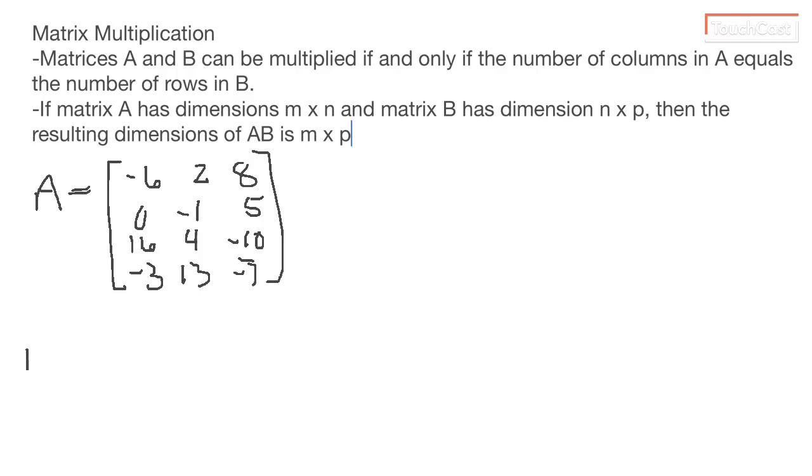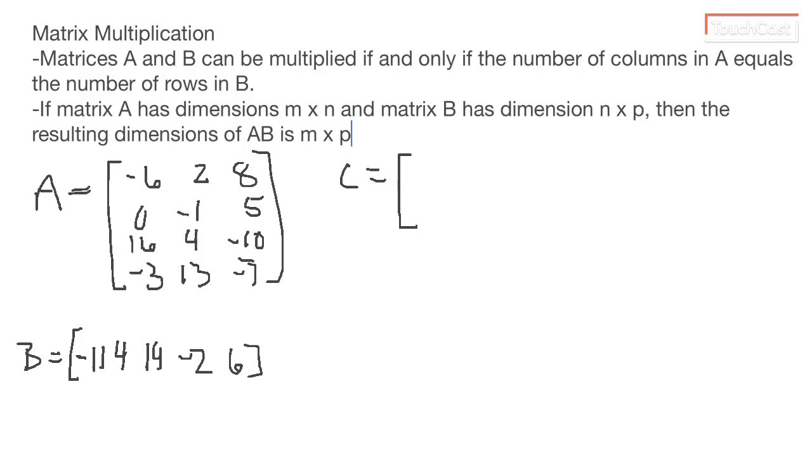Matrix B is going to be a simple row matrix. -11, 4, 19, -2, and 6. C will have 2 rows, 4 columns.